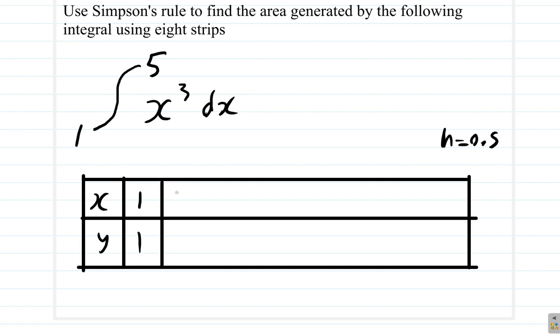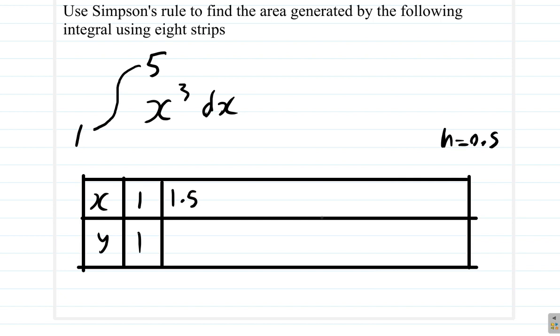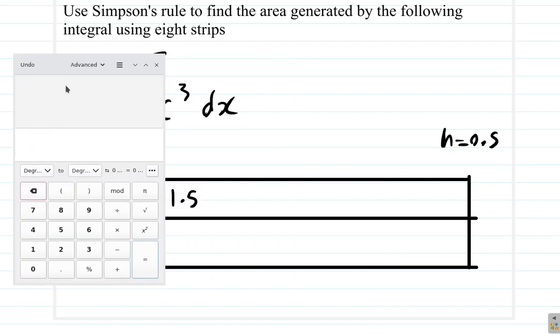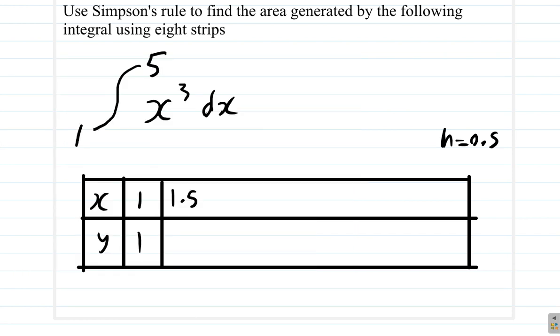Then, when x is 1.5, what is y going to be? 1.5 cubed. Let's just use our calculator and work them out. So 1.5 raised to the power of 3 equals 3.375.